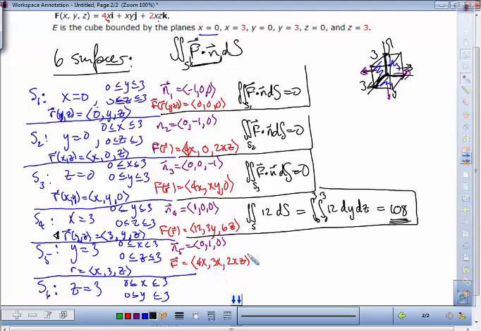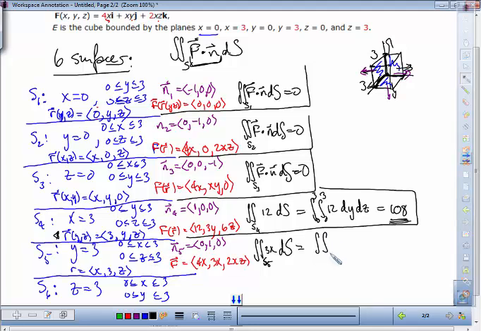So that's going to be your integrand in your surface integral. So this is a surface integral that we're integrating with respect to this parameterization, where x is x, y is 3, and z is z. I only have an x in there, so I'm just going to keep it as x. And now I'll have limits going from 0 to 3 in x and 0 to 3 in z.